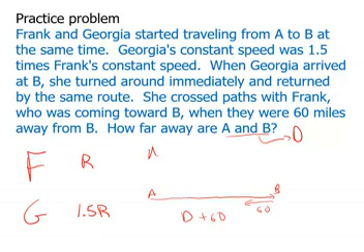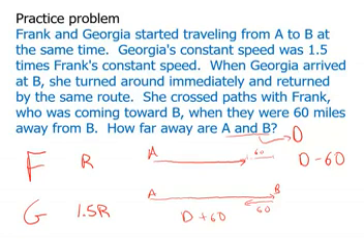Frank starts out at A, but he falls short. He doesn't get to B. He's short 60 miles. So the distance that he covers is D minus 60. And of course the time that we'll use, T, is going to be from the starting point to the point that they cross paths again. So in that time, Georgia covers D plus 60, Frank covers D minus 60.